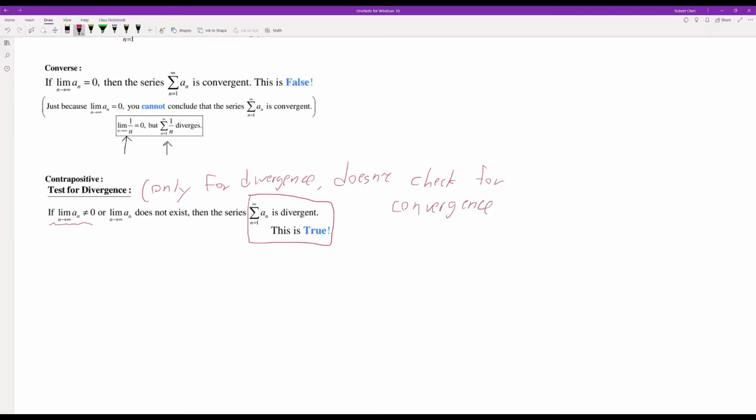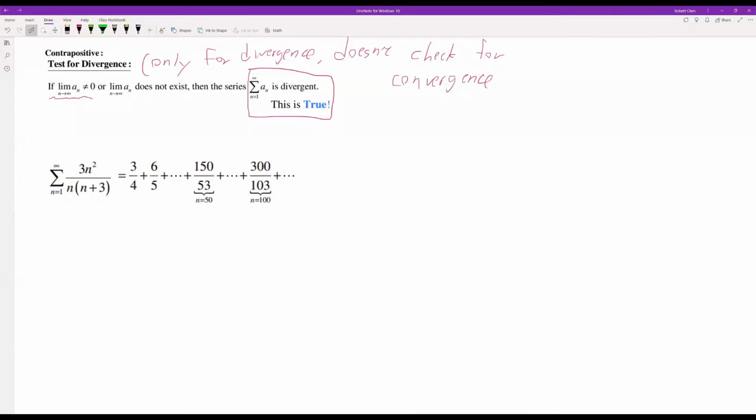Okay, and let's do an example. Here we have an infinite series, 3n squared over n times n plus 3. We're going to check if this diverges. To do this, all we need to show is that the limit of an is not equal to 0 or undefined.